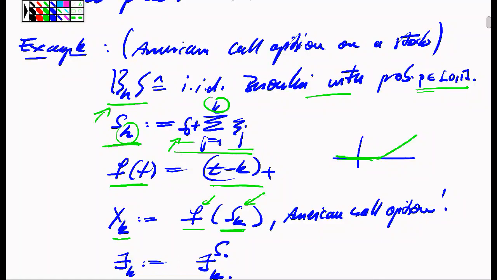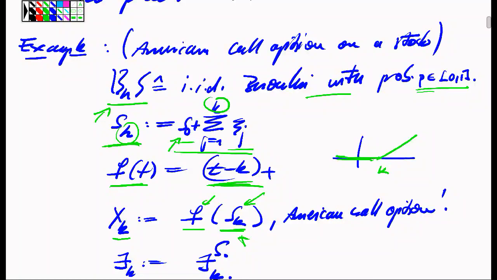So f(t), the observable of the stock S_k, is the positive part of the shifted identity function, t minus K, where K, the shift parameter here, is what is called the strike price of the option.